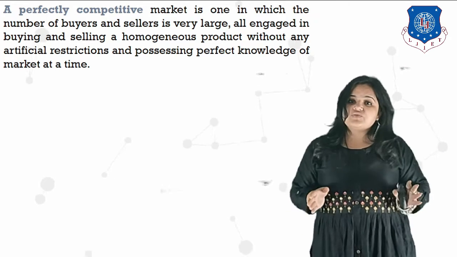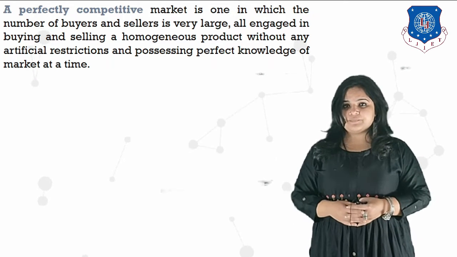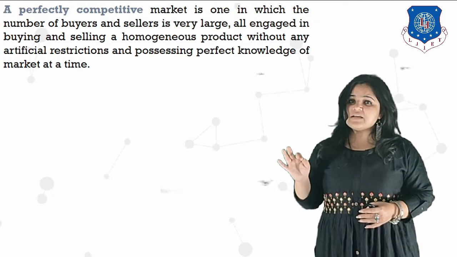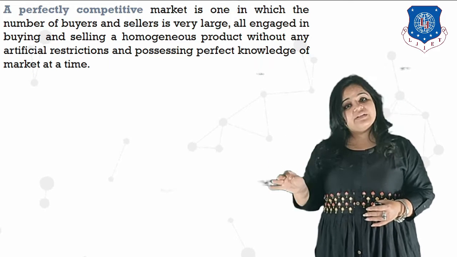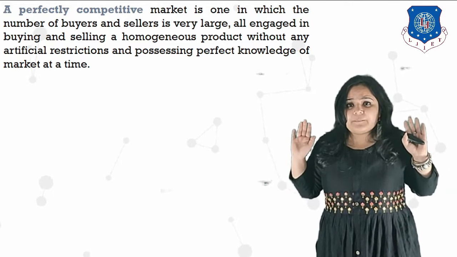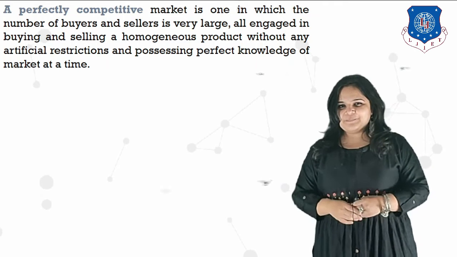There are no restrictions on the sellers, there are no restrictions on the buyers. Everyone is having perfect knowledge of the market, which means everyone knows what is the price of a particular commodity. Everyone knows that everyone here is selling the same thing. Everyone knows everything. Everything is perfect here.